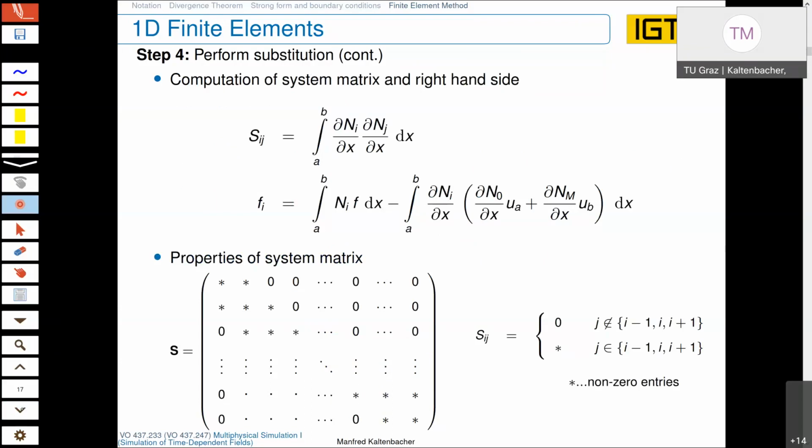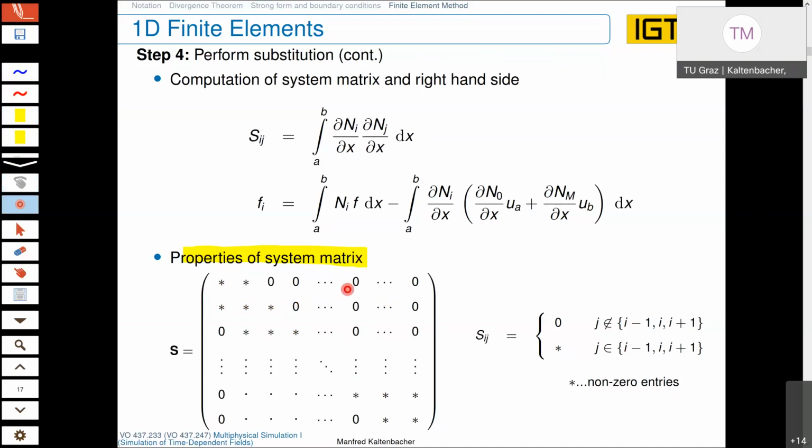Yeah, and we will go in some details, but before we go in the details, we should have a look at our system matrix, which has a very nice property, as you can see here. On the diagonals, clearly, we have entries, and then for a standard diagonal entry, you have a left and a right entry.